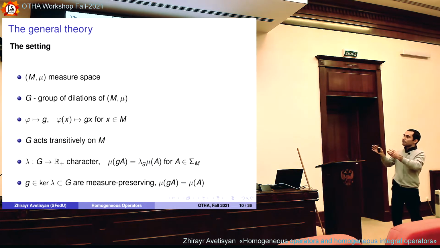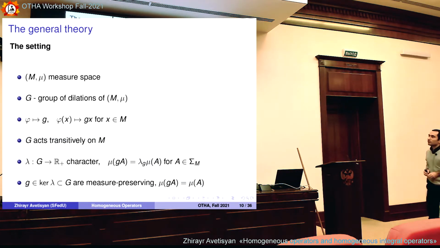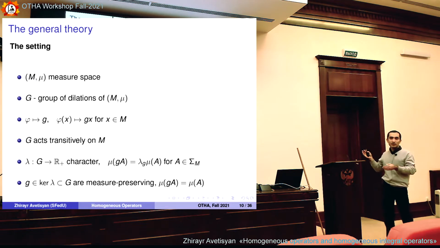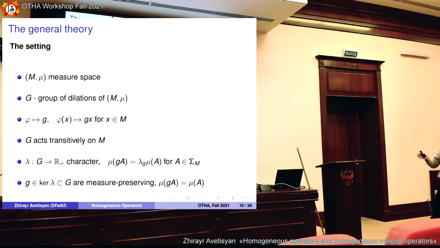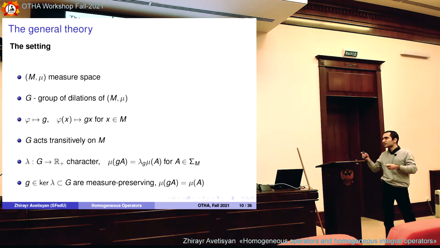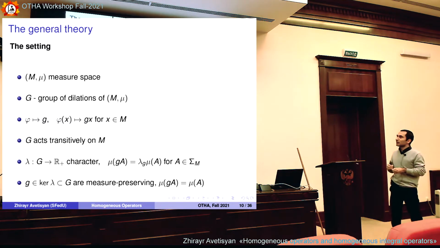Now, we put forth the following setting for the problem. I have a measure space. I choose a group G of dilations as defined in the previous slide on the measure space. And then in order to facilitate that group theoretical language, instead of writing transformation phi that maps x to phi of x, we write the transformation g, an element from the capital G that acts from the left on the point x.